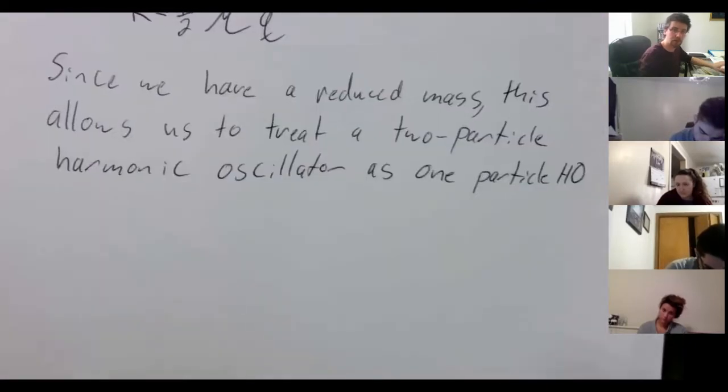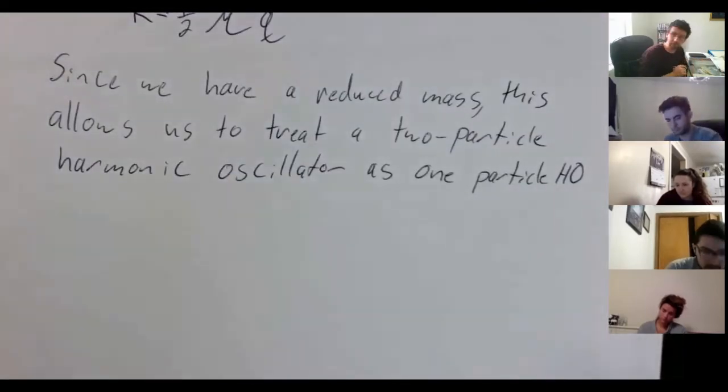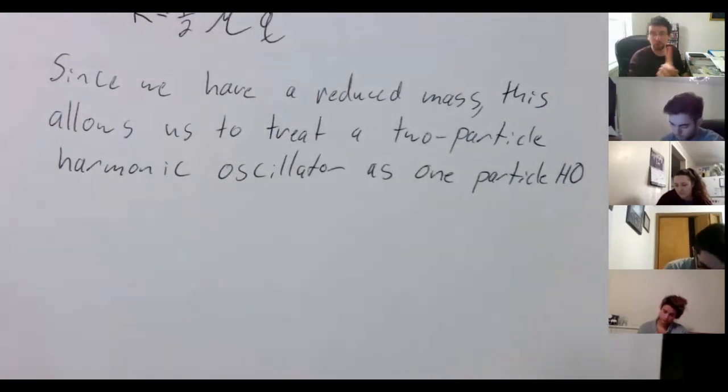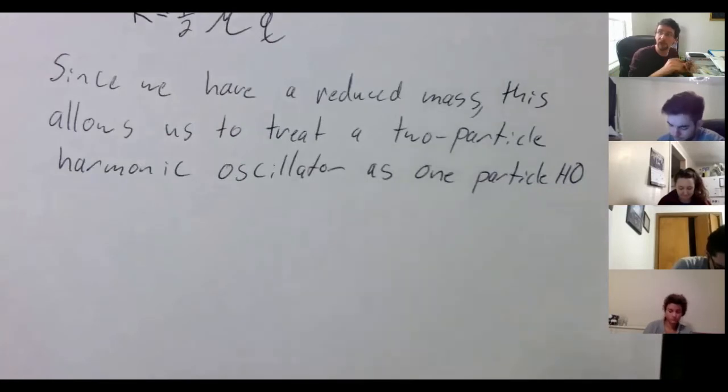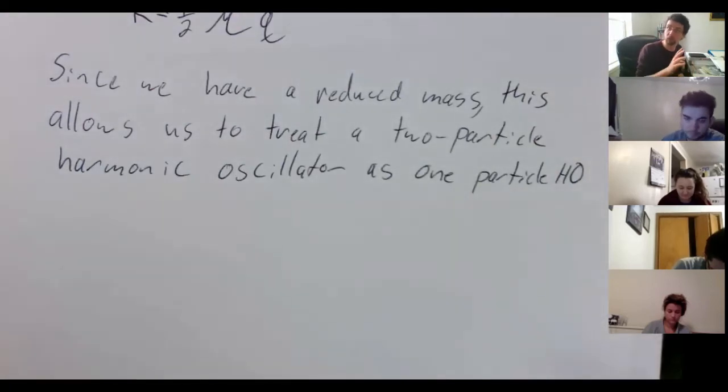Previously we could look at a single atom, but if we expand this to two atoms, we'd have to come up with a whole new Hamiltonian, devise new wave functions, and so on. But we have proved that we only need to look at the reduced mass to utilize our previous one-particle system. So we don't have to introduce a bunch of new complicated math.